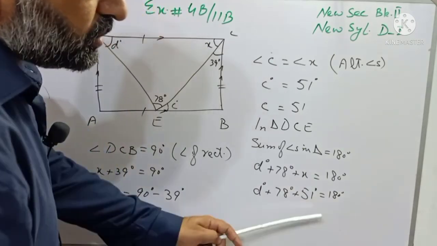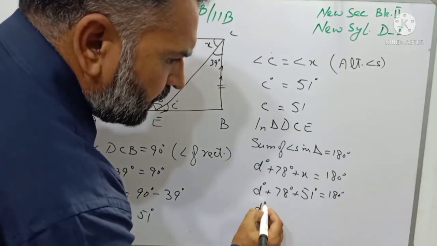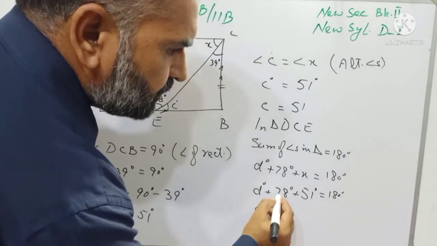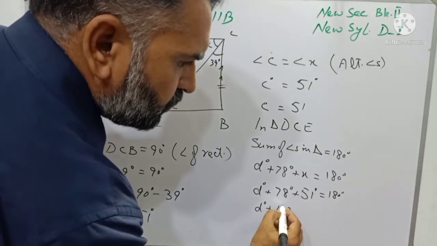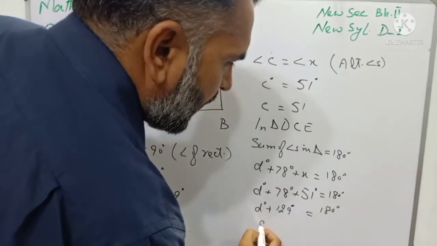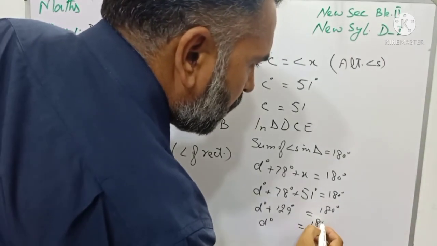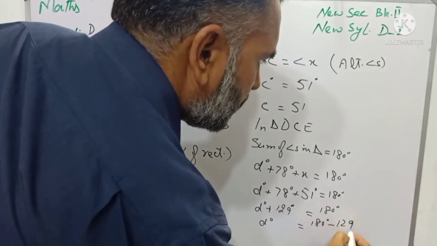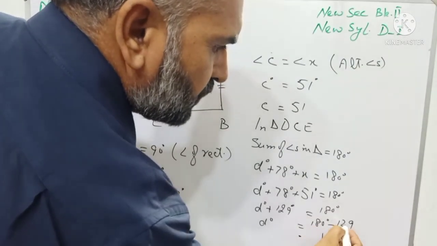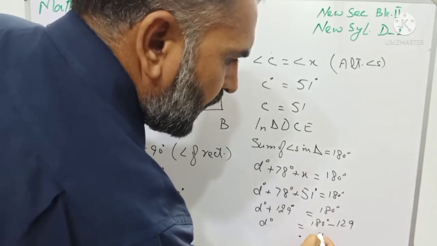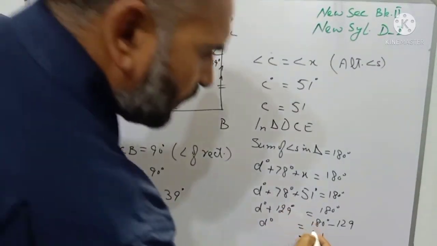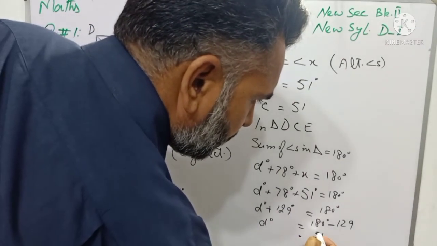Now we will sum up these two angles. D degrees plus 8 plus 1 means 9 and 7 plus 5 means 12, so it will be 129 degrees is equal to 180 degrees, and D degrees is equal to 180 degrees minus 129 degrees. 9 will be subtracted from 10 and here will be 1. 2 will be subtracted from 7 and it will become 5, so 51 degrees.